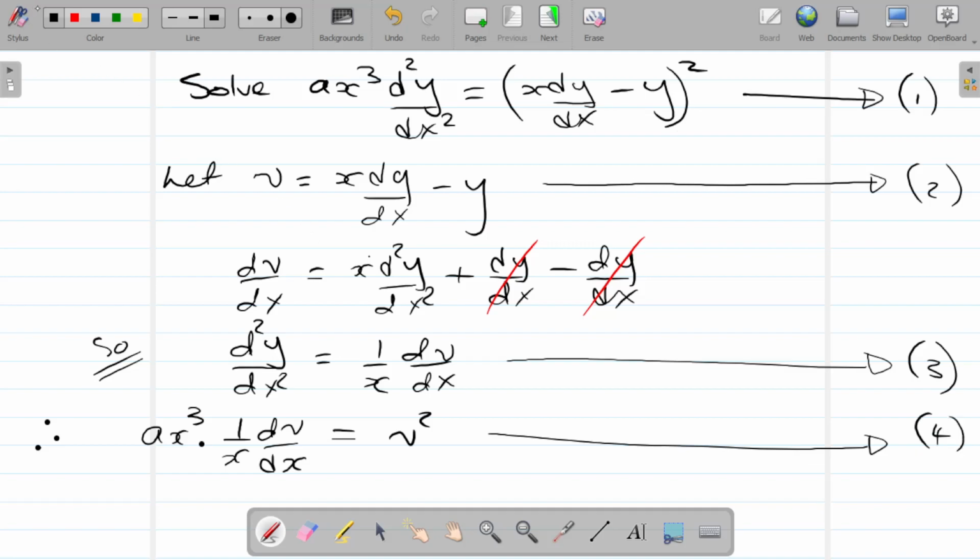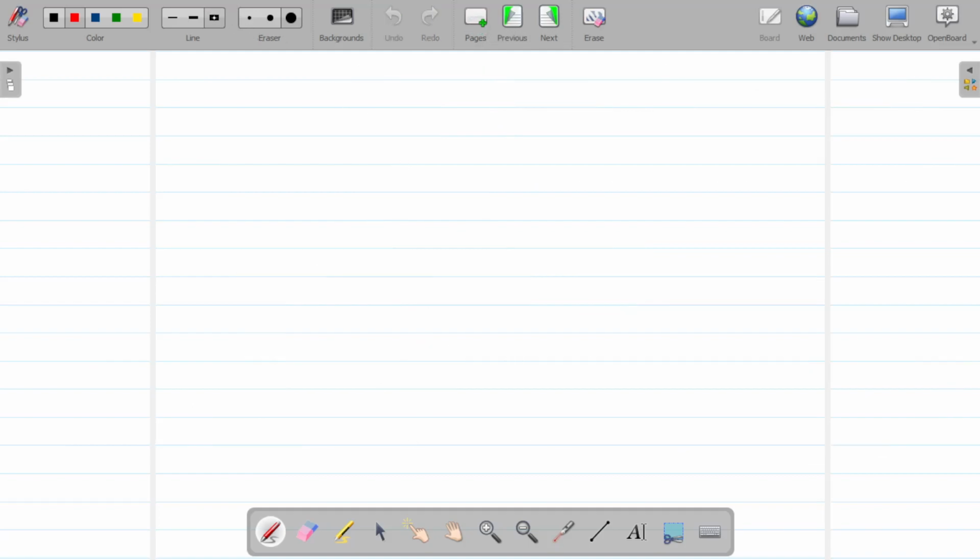So before we go on to the next page, you can see that one of these x's cancels with the x here in the denominator. So if we go on to the next page, we can simplify that expression and write therefore a x squared dv by dx is equal to v squared, right?